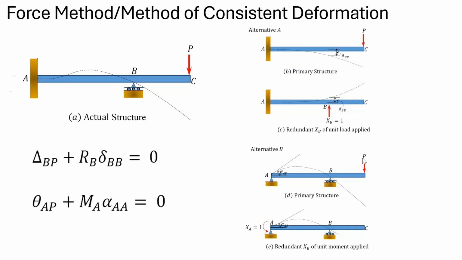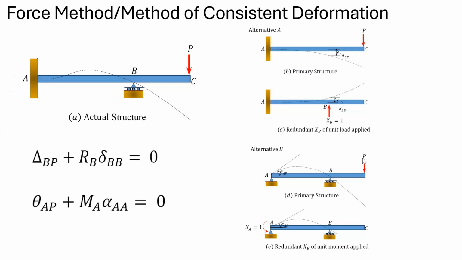So alpha AA is the flexibility, an angular displacement produced by unit moment. Because there is an MA, MA into alpha AA gives us the rotation. Similarly, theta AP plus MA into alpha AA both give the rotation.